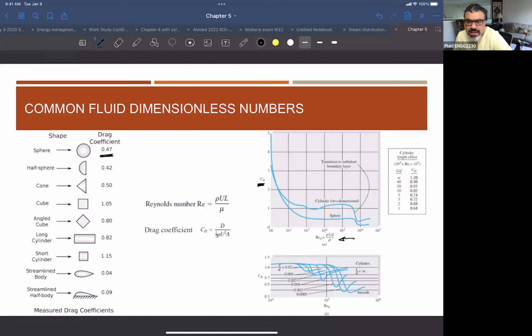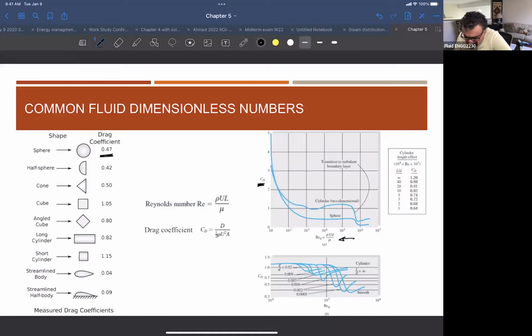How nice is that? It's a very nice unique number, right? So you can tabulate this in an engineering chart that people can use. And you can change the shape. You'll see here, the numbers on the left-hand side show the values for different geometries.